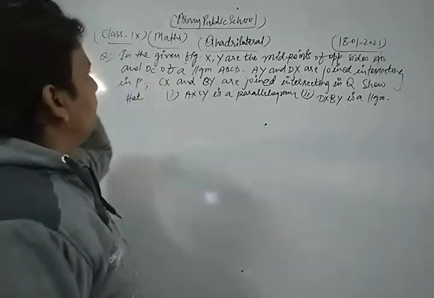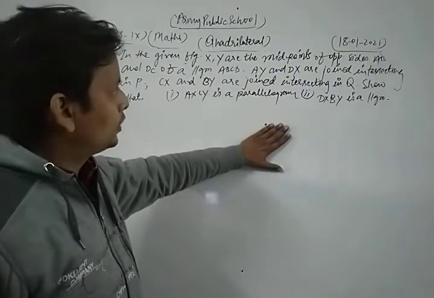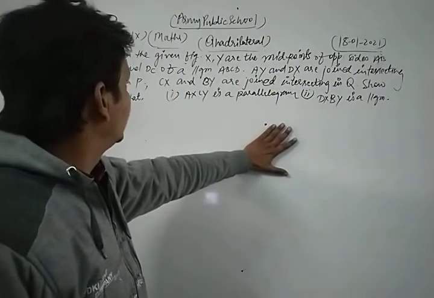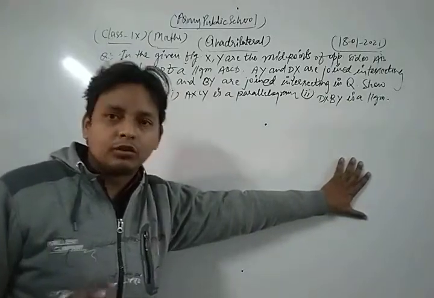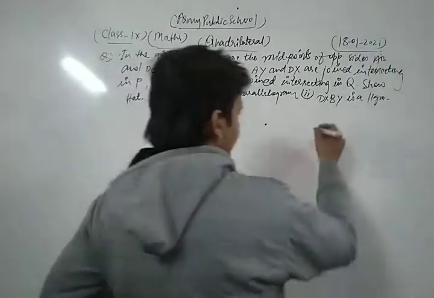First of all, in the given figure X and Y are the midpoints of opposite sides AB and CD of a parallelogram ABCD. So first we draw the parallelogram ABCD.